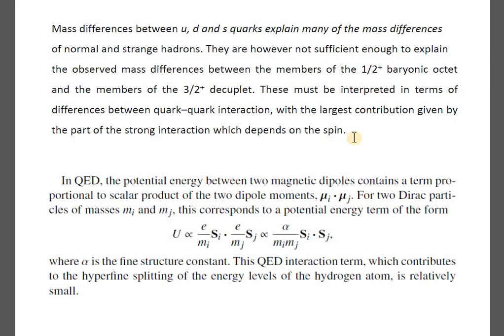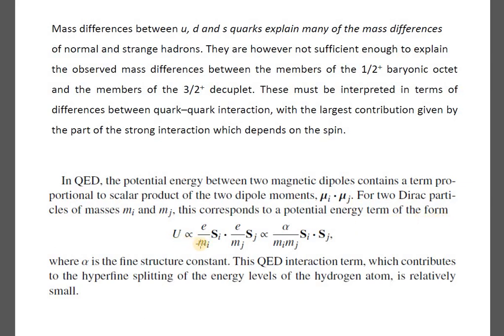Well, we will use quantum electrodynamics as our guide. You see, in QED, the potential energy between two magnetic dipoles contains a term proportional to the scalar product of the two dipole moments, mu_i dot mu_j. Now for two Dirac particles of masses m_i and m_j, this corresponds to a potential energy term of this form.